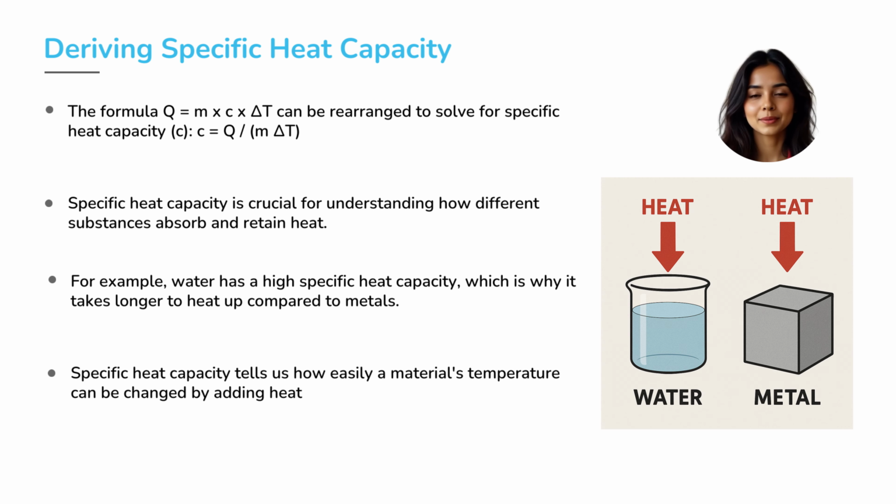Let's go a little deeper and figure out how we calculate specific heat capacity. Here's how we can rearrange the formula to solve for C, the specific heat capacity.